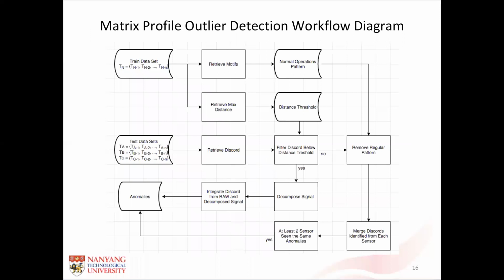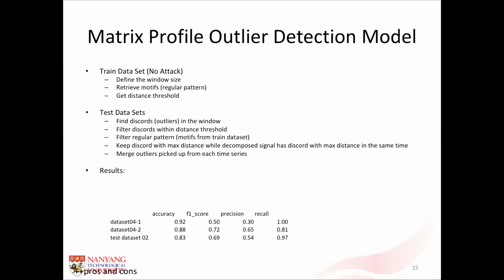The workflow is like this. Firstly, we look at the training data set without any attack. Using it, we can find the window size. We're using 48 in the current model. Then we do the matrix profile, find the regular patterns, and find the maximum distance for each time series without any attack.